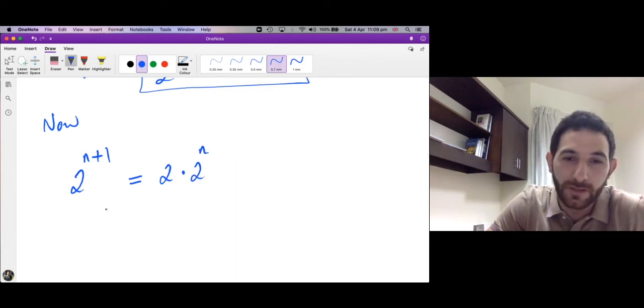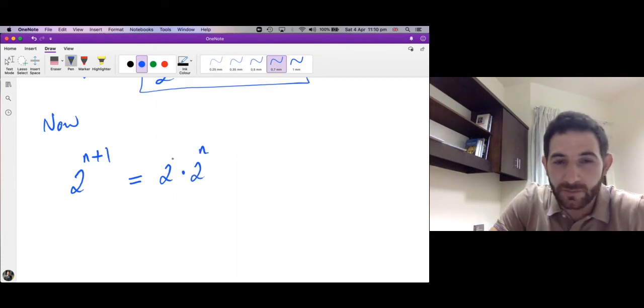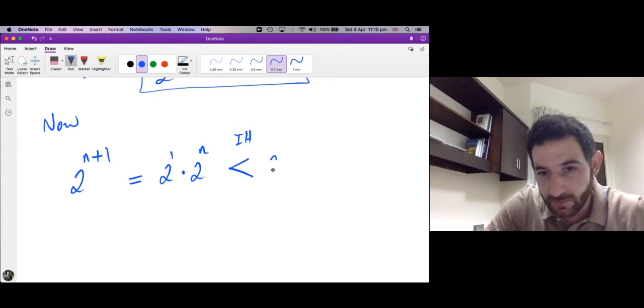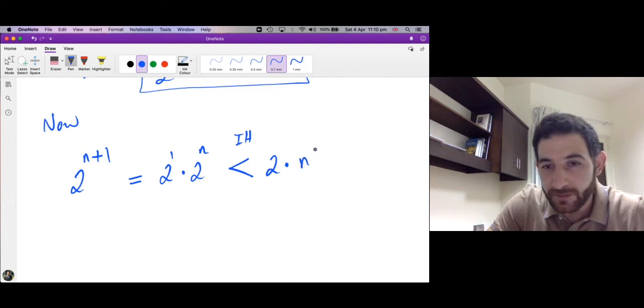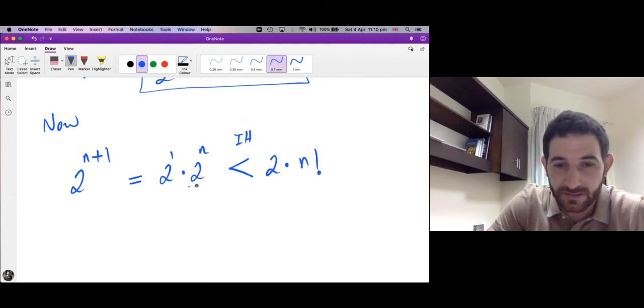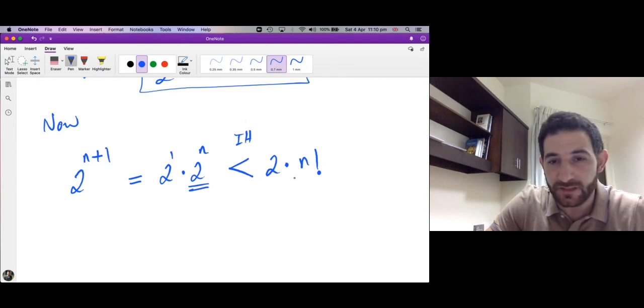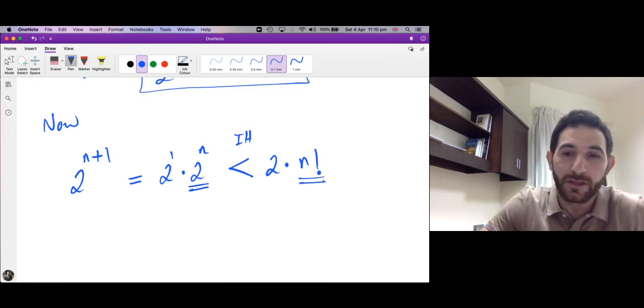Right? If you sum the exponents, you get 2 to the n plus 1. This 2 has exponent 1. But now, by the induction hypothesis, we know that 2 to the n is strictly less than n factorial.